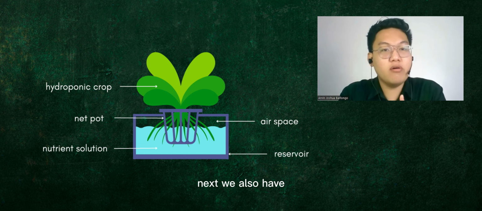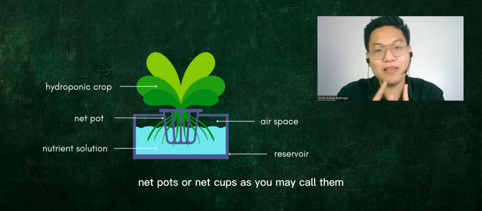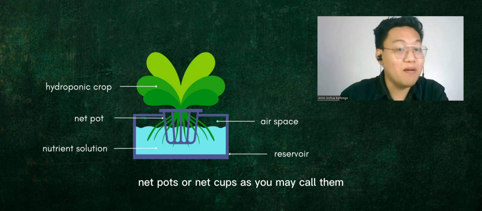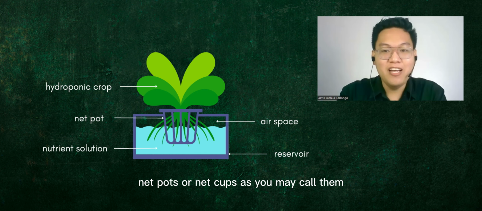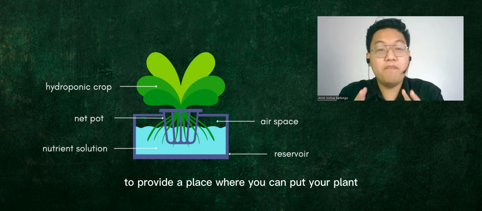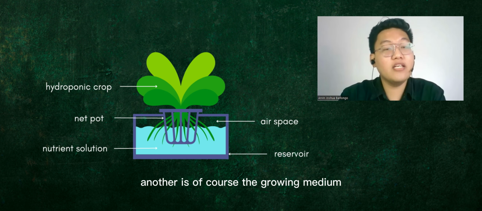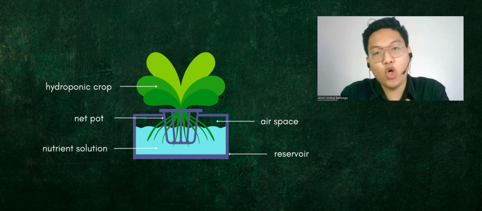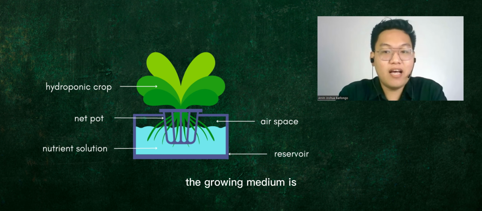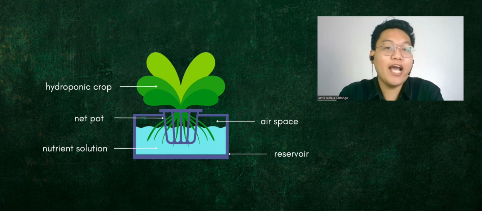Next, we also have the net pots or net cups, as you may call them. Net cups or net pots are used to provide a place where you can put your plant. So it functions like a normal pot in the garden. Another is, of course, the growing medium. The growing medium is the one that will provide support and anchorage for your hydroponic plant.